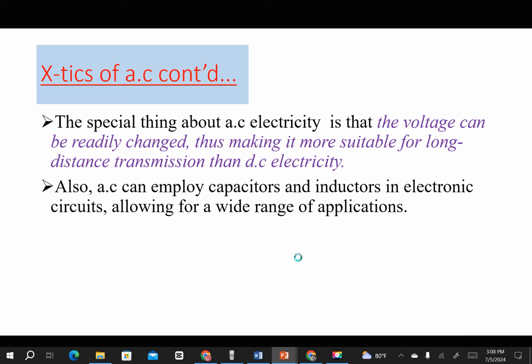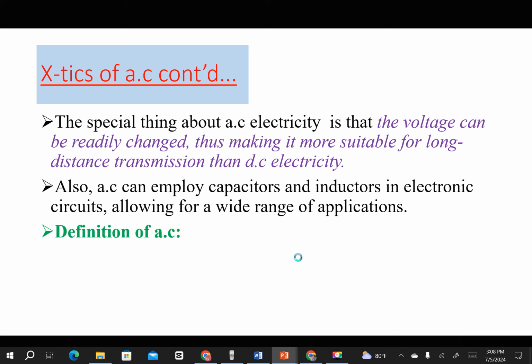We step it up normally for long distance transmission because there's an advantage. And we can use several other circuit components such as capacitors and inductors, to mention but a few, to convert alternating current to direct current, which is used by most of the appliances at home. Of course, it is not possible to convert direct current back to alternating current. So that makes alternating current very special.